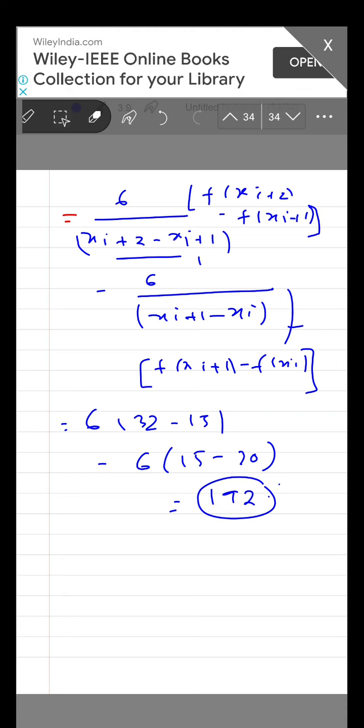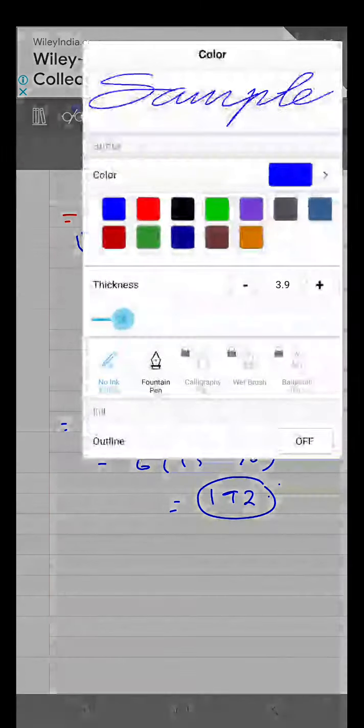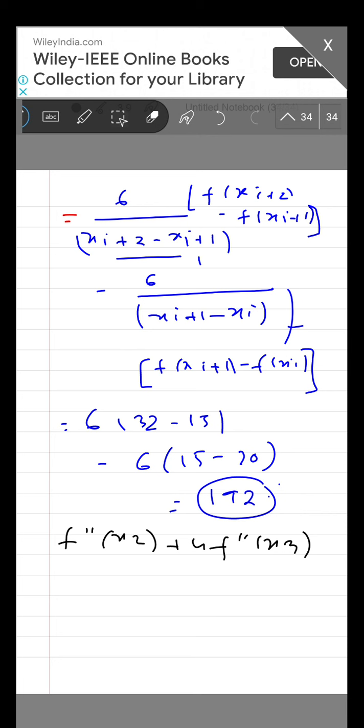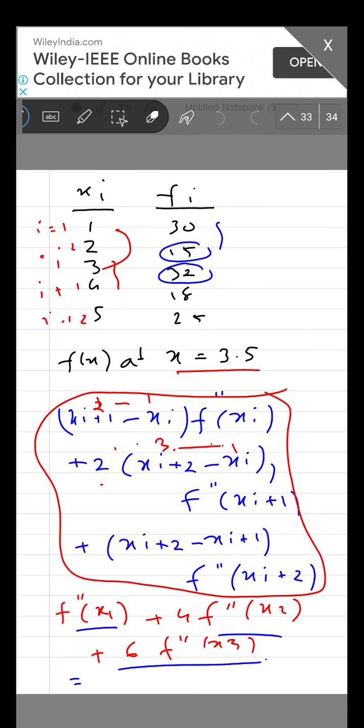For the second case, we have f double dash x2 plus 4 f double dash x3. Now first we started with this value, considering this is x1, f(x1). Now we are going to start with the second, and third we will start with this.